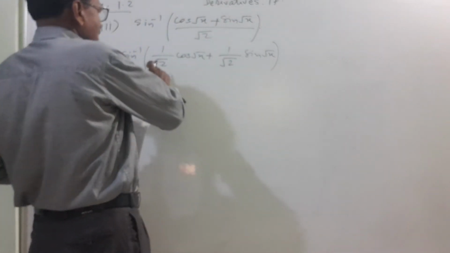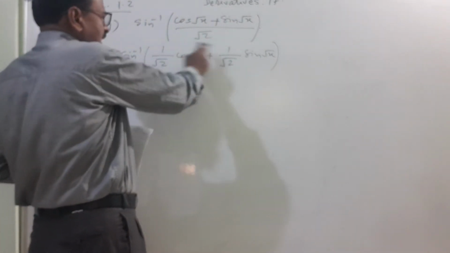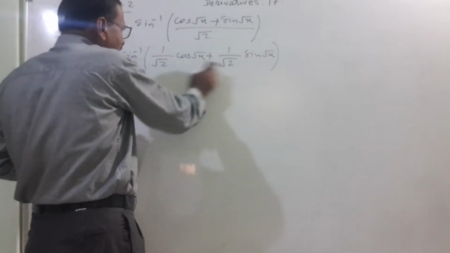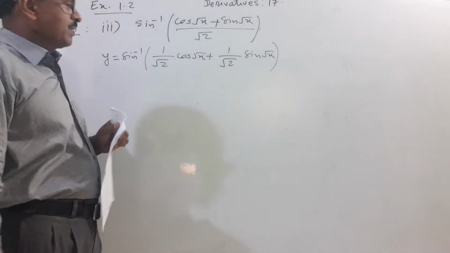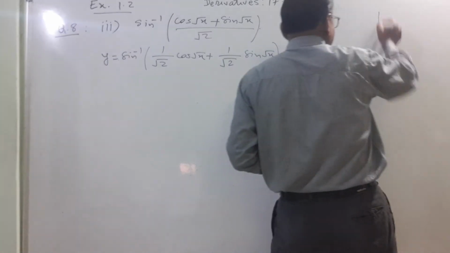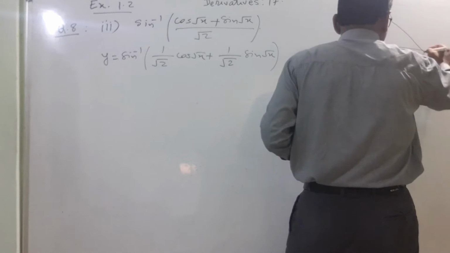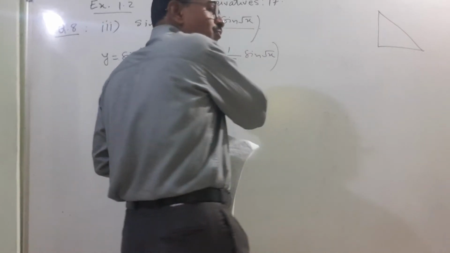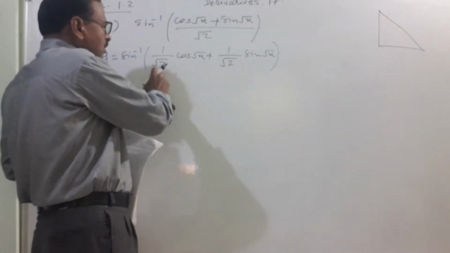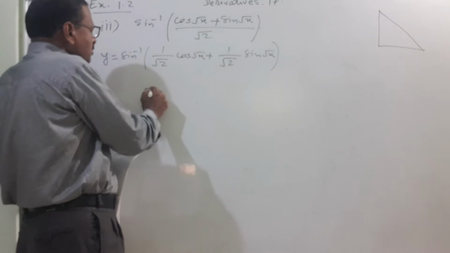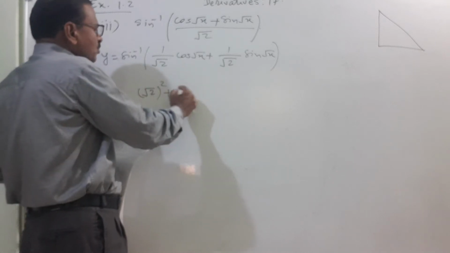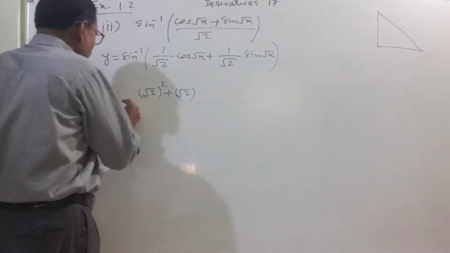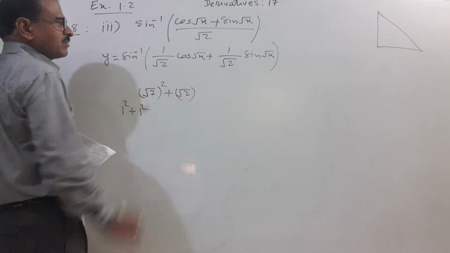What to do is, take this coefficient and this coefficient, their squares, and the denominator square. If it is the same, then we will draw one triangle. Root 2 square plus root 2 square, see this, and this is 1 square plus 1 square.